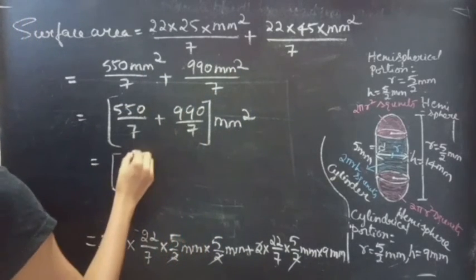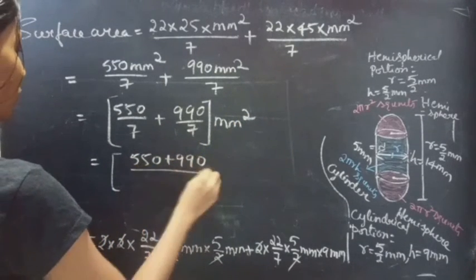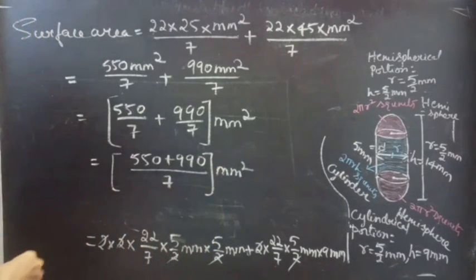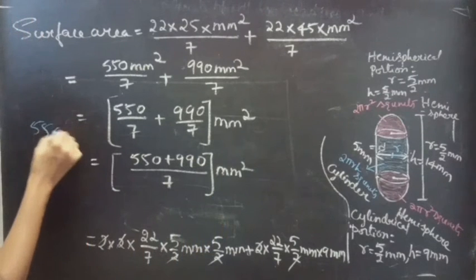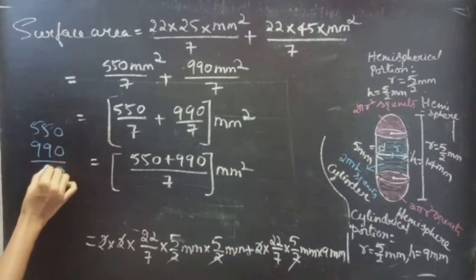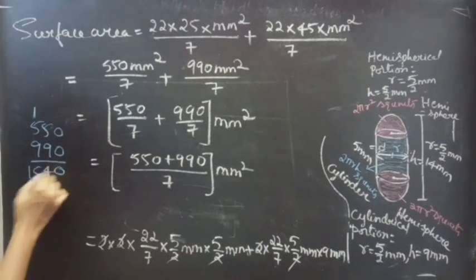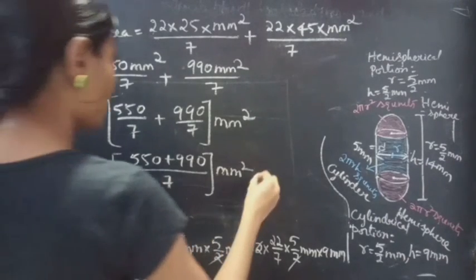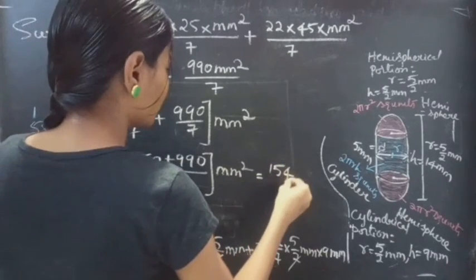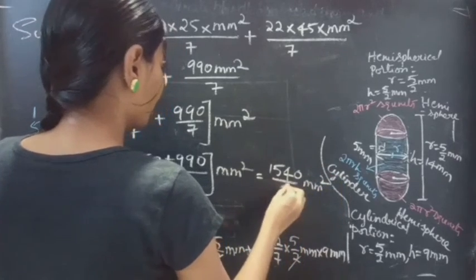So this equals 550 plus 990 by 7 into mm square. 550 plus 990 will be 1540. 0, 5 plus 9 is 14, 14 plus 1, 15. So this equals 1540 by 7 mm square.